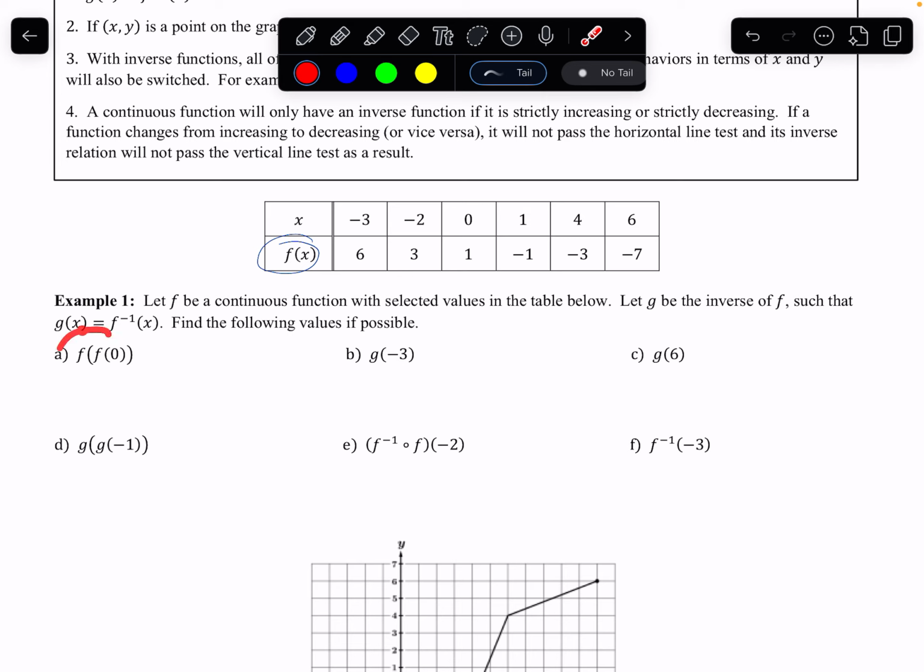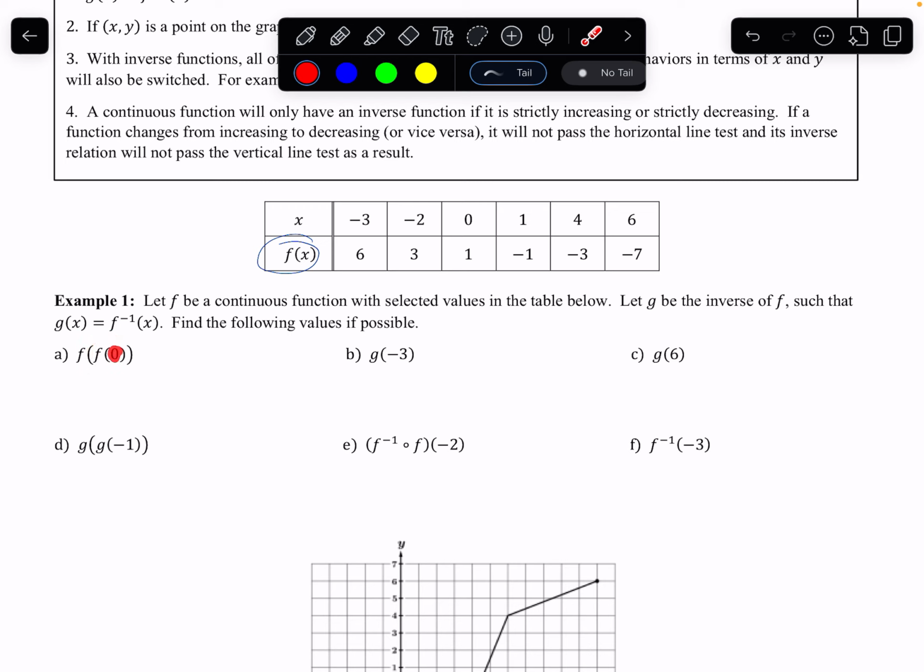So let's go ahead and look at this one right here. These are compositions. This one is saying I'm going to put a 0 into the f function, and then whatever that evaluates out to, I'm going to put into the f function. So you always start with the second one, and you put that into the first one. All right? So I need to figure out what is f(0).